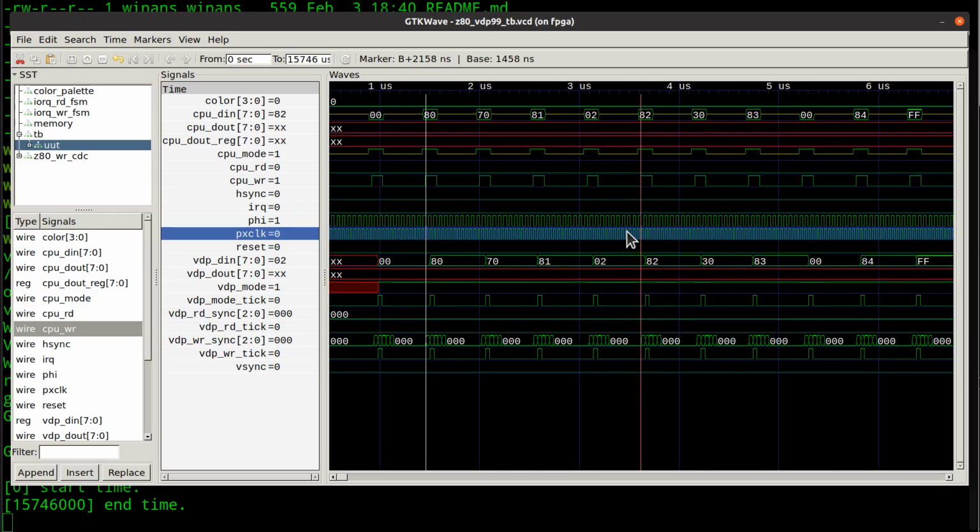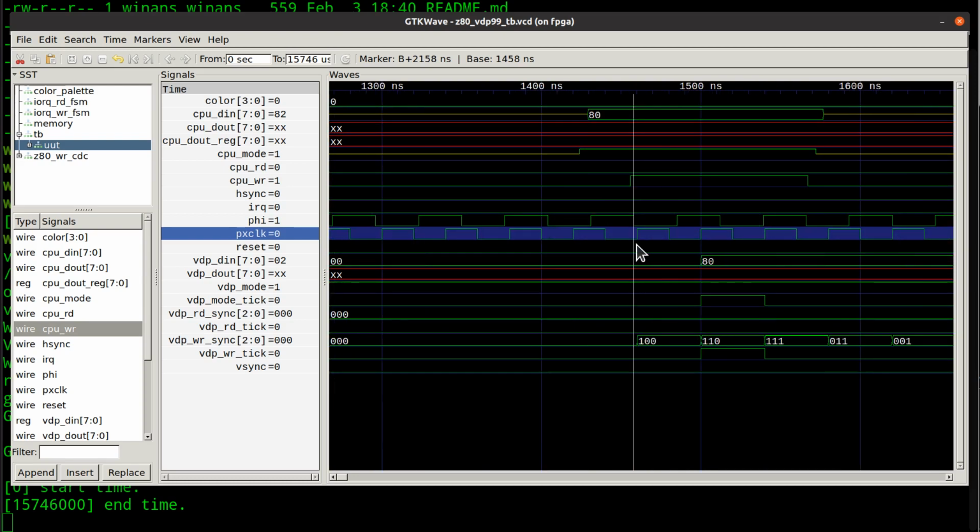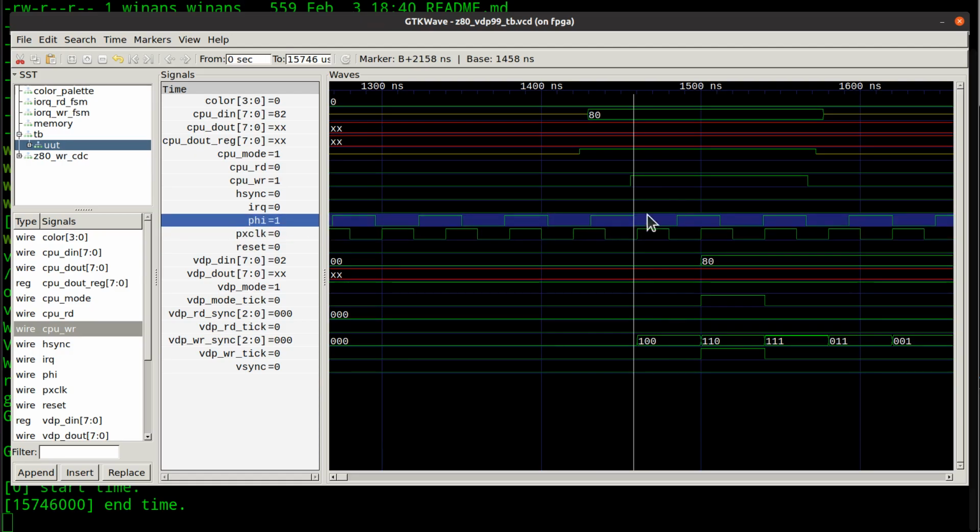All right, so this is what our problem is. We're not meeting the setup and hold time relative to the pixel clock where the VDP logic is all going to run on. And that logic and the pixel clock is the thing that it's going to use to latch things in its register. So it gives us plenty of time here, which is kind of frustrating. But because our clock is chattering along whenever it wants to, without respect to the CPU clock, the time we're looking at this can vary a little bit.